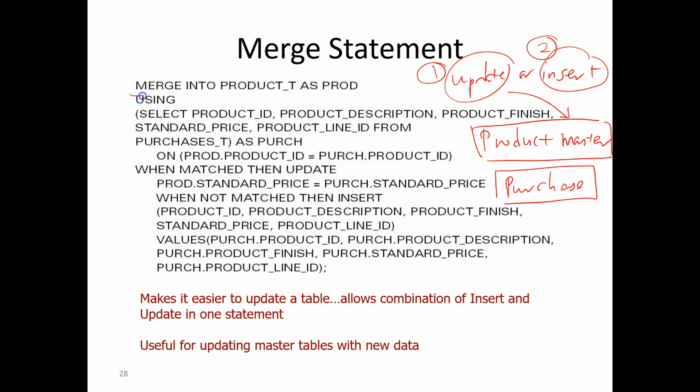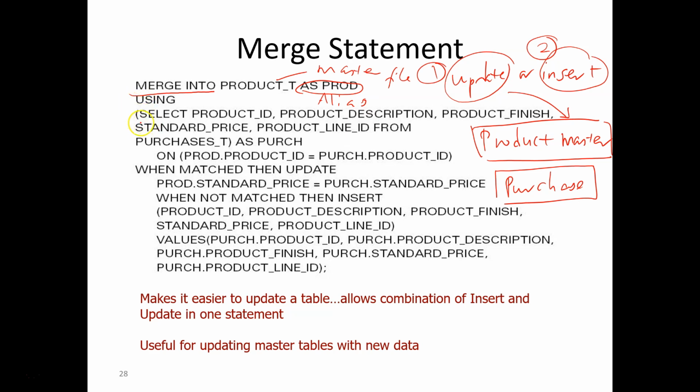So as you can see here in this statement, we say merge into the product table, okay, as prod. By the way, as prod here is just creating an alias for the product table. In the future, you can refer to the product table as prod, P-R-O-D, instead of spelling out the whole product underscore T. Okay? And then using, followed by a select statement, we are going to select all these fields.